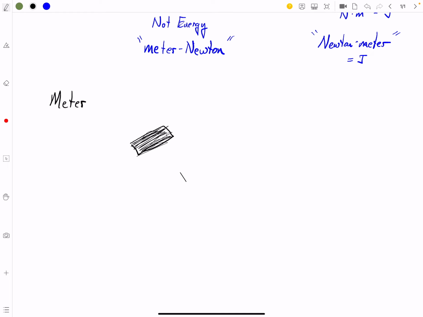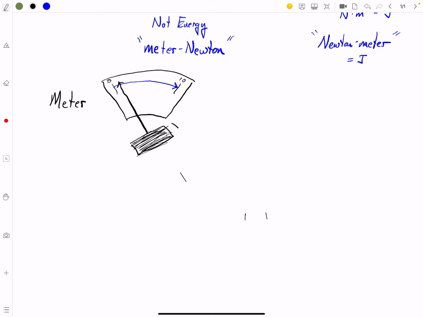In and out. And then you attach a stick with a pointer on it, and you give it a scale. From like 0 to 10. And your scale runs like that.